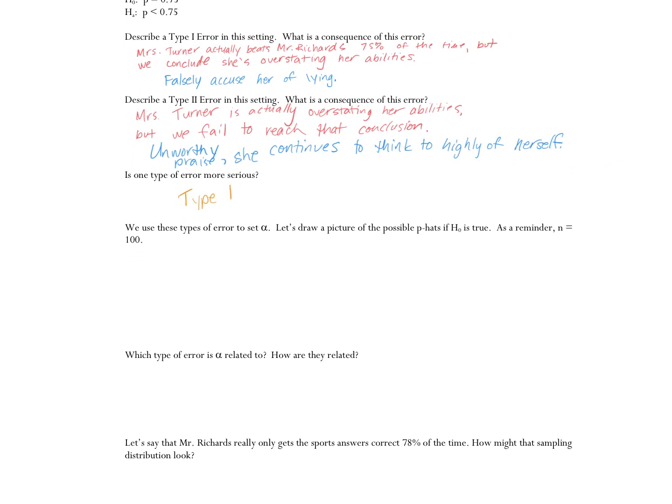We have two possible truths here. Regardless of what our test concludes, either the null hypothesis is true or the alternative hypothesis is true. As we think this through, we have all these possible p-hats. Let's think about this if H0 is true. That would mean P is equal to 0.75. We're going to have a normal distribution because we have a big enough sample size.